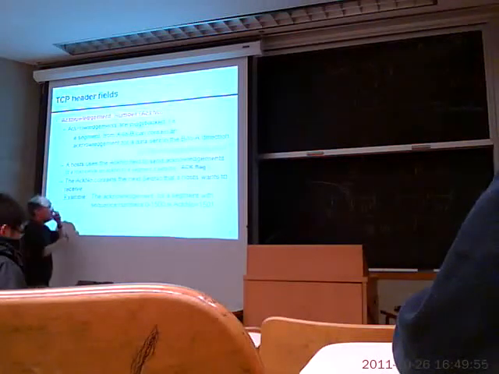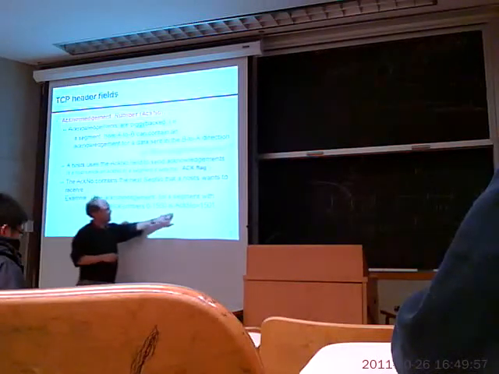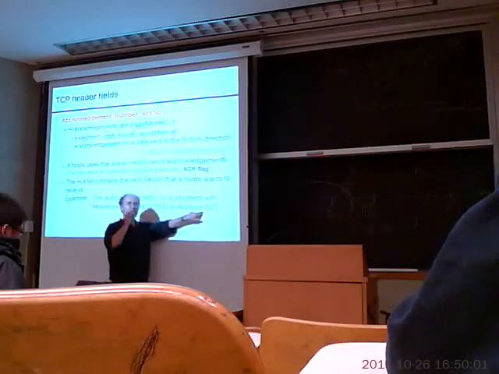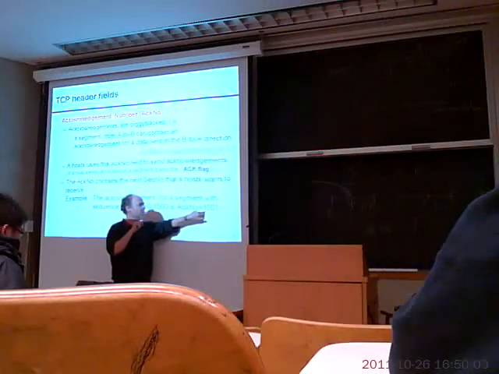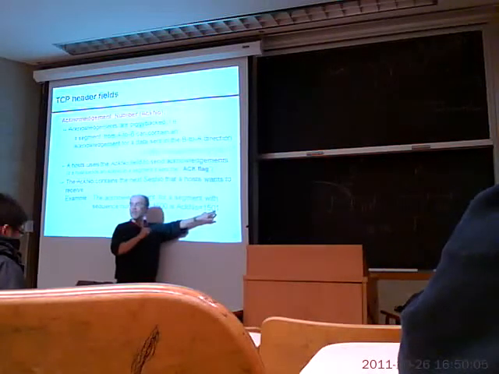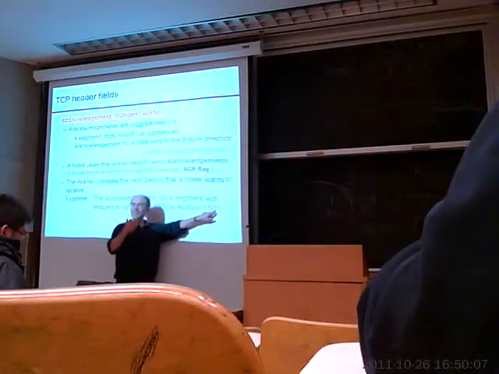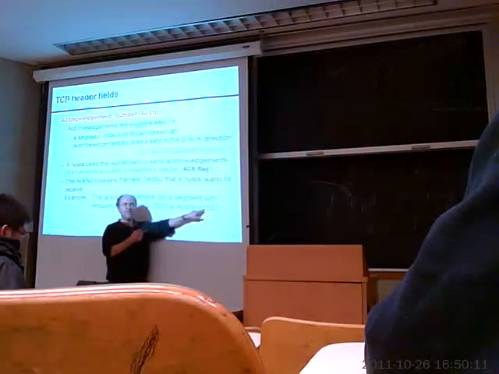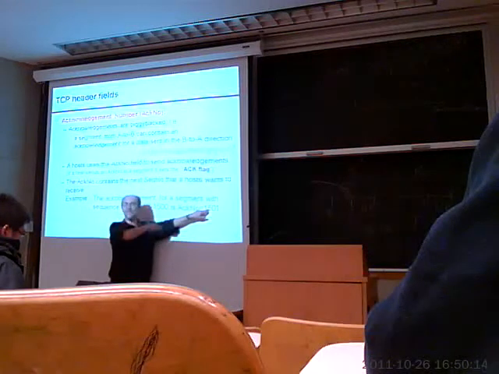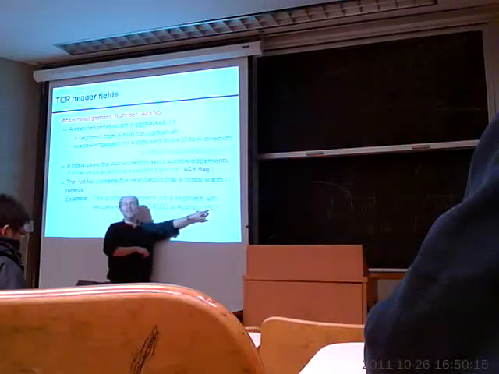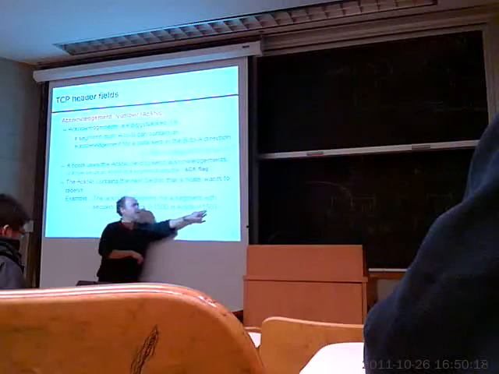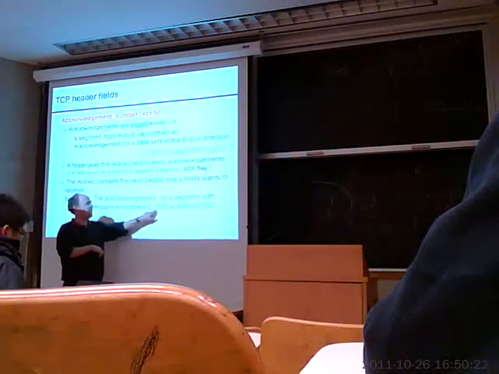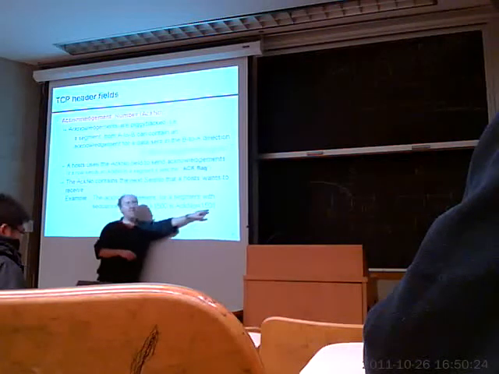The meaning of acknowledgement is, if the number in the acknowledgement field is 1501, what this means is you're acknowledging everything, but not including byte number 1501. So 1501 acknowledges everything until 1500, but is not including 1501.